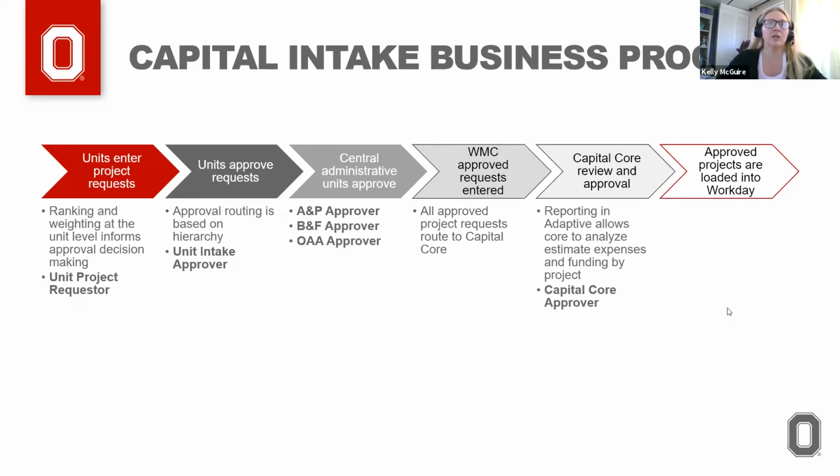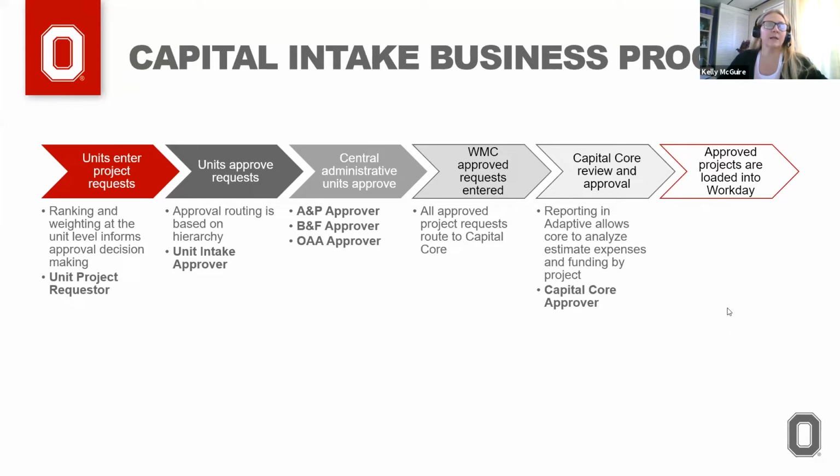The non-capital sheet will be available once it's turned on for you throughout the year. Today, we'll be focusing on these three main roles here: unit project requester, unit intake approver level 1 and level 2. Every role within Adaptive can make changes to the request as it proceeds through the process. And today we'll be practicing that.